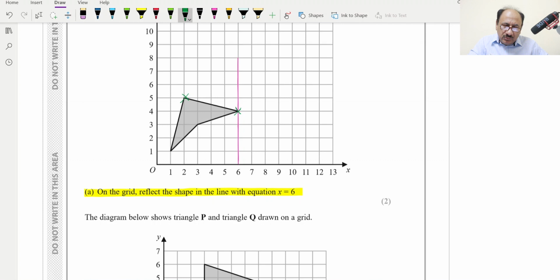It is 1, 2, 3, 4 units to the right, so we'll be checking on this side. 1, 2, 3, 4 units, so our point will be over here, and I will remove this arrow which I have drawn for your explanation. And this point also we can figure out, which is 1, 2, 3 units, and we will move 3 units to this side, and our point will be over here, and I'll remove the extra working arrows.